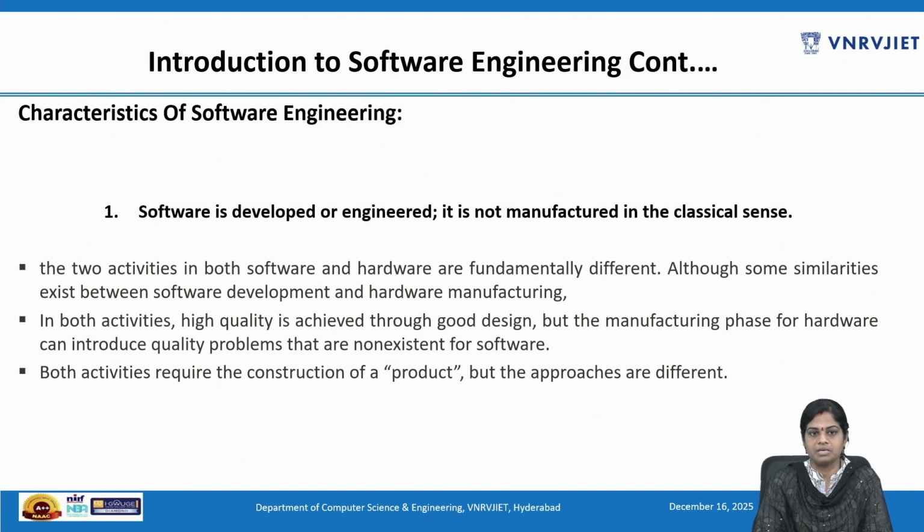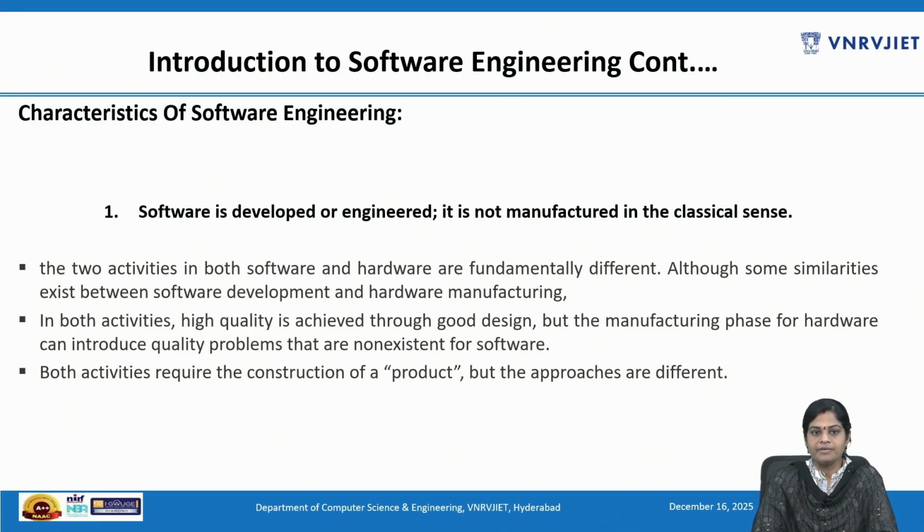Coming to the first characteristic, that is, software is developed or engineered. It is not manufactured in the classic sense. We try to understand this by comparing with hardware, because we already saw in the history where we started with the hardware era and ended up with hardware as a platform.